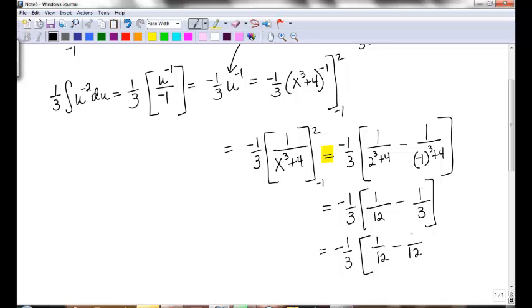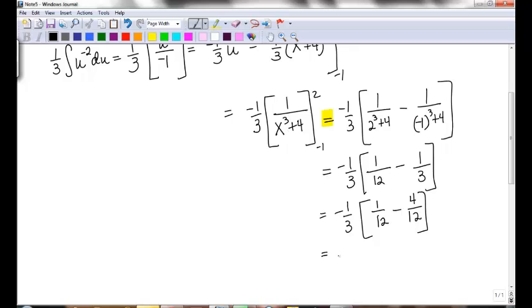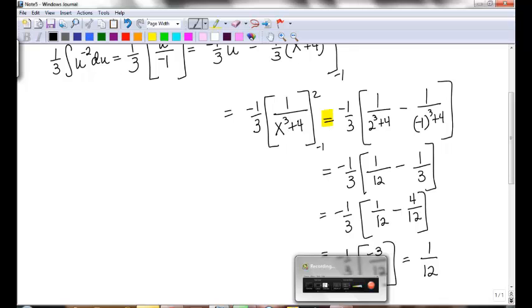Multiply this by 4, multiply this by 4. So you get a -1/3, and this would be a -3/12. A negative times a negative would be a positive. The 3's would divide out, and you should end up with a final answer of 1/12. Anybody need to see the other method?